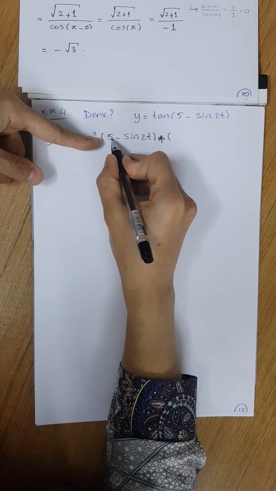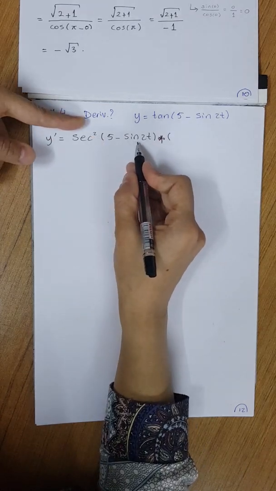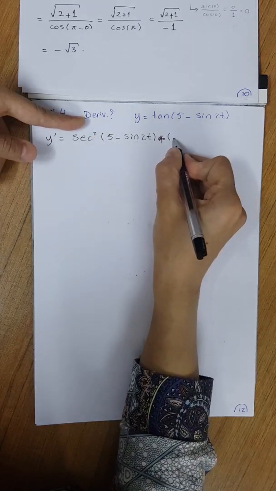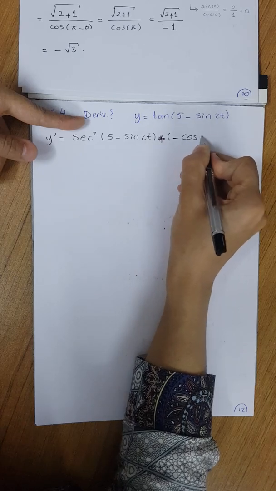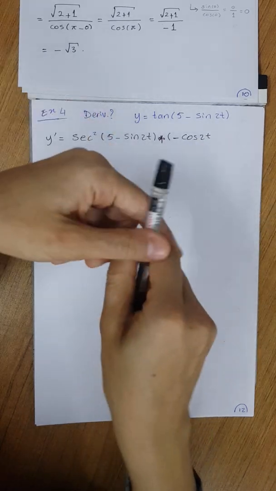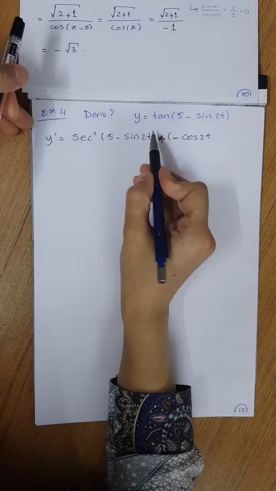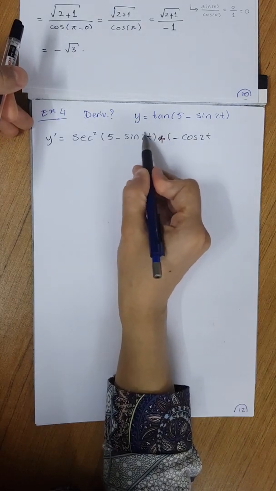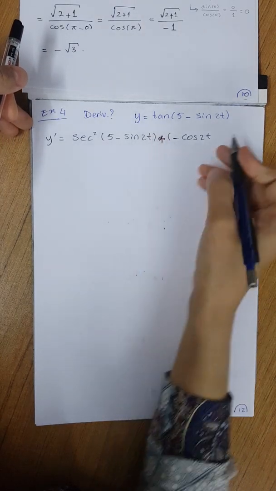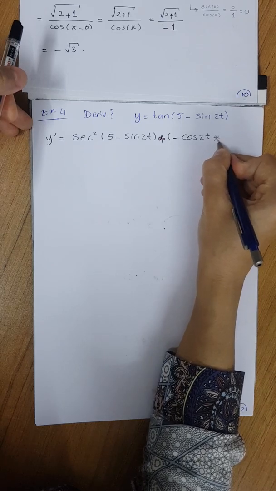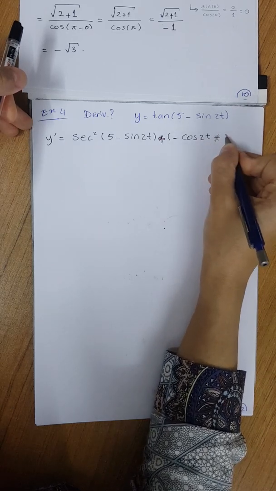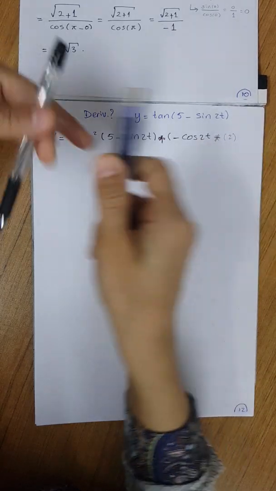The derivative of 5 is 0. The derivative of minus sine of 2t is equal to what? Minus cosine of 2t. But since, again, instead of the angle x we have got 2t, we have to also multiply this one by the derivative of this one, that is 2.